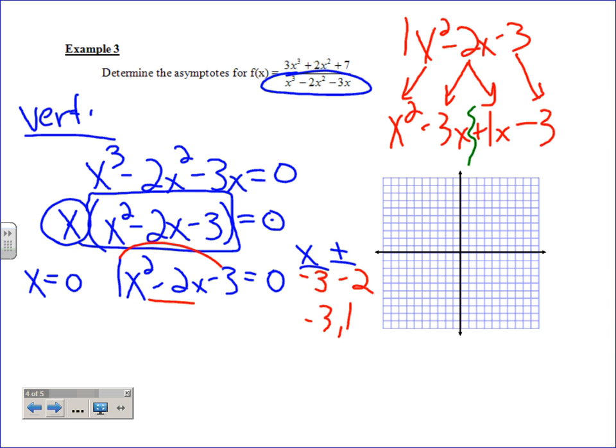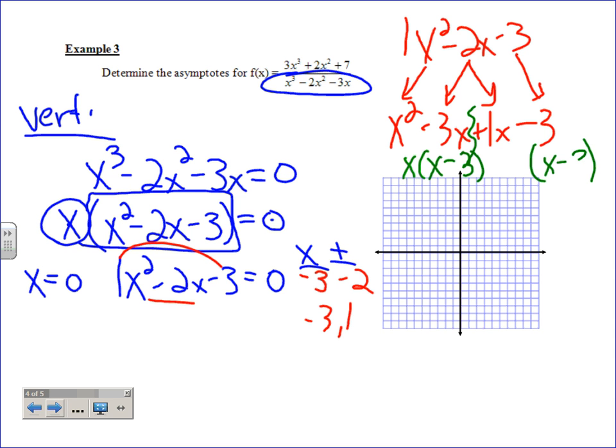Squiggle, you got to make sure you take the sign with the second half. And then all you do is take a look at what's in common on the left side. What is in common on the left side? X. What's left? X minus 3.